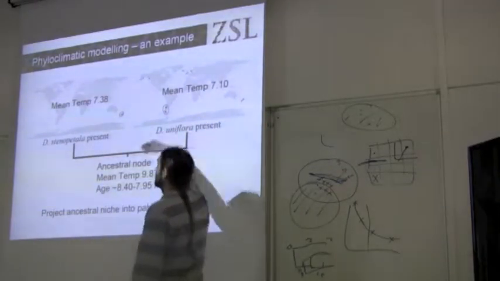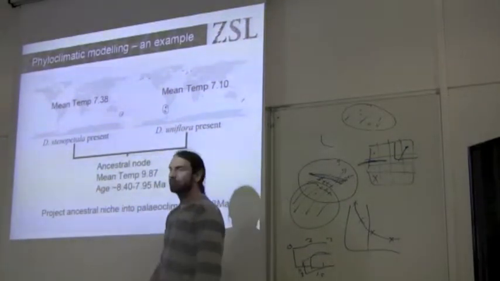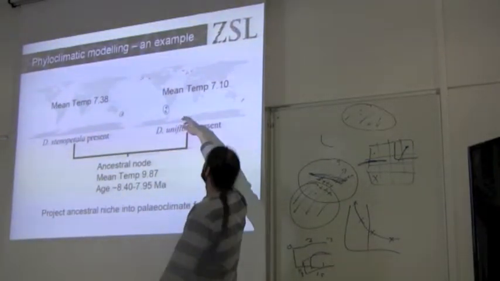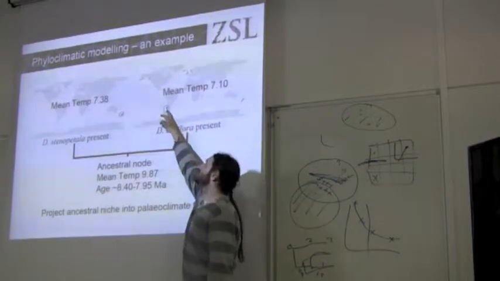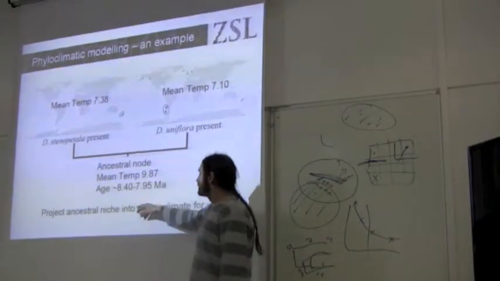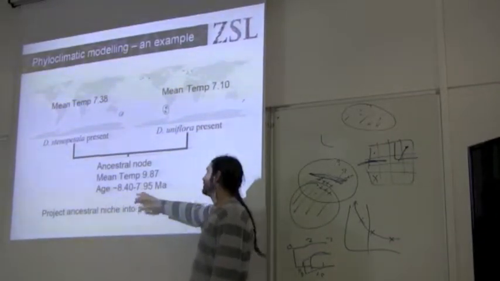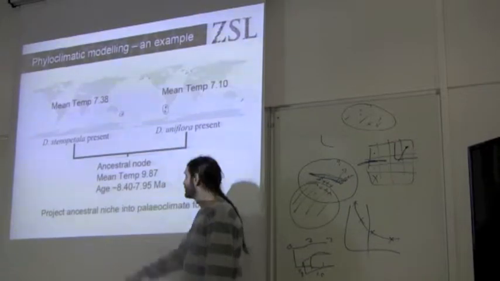So, we develop our model and say the temperature preference for this species is this. Obviously, we're going to use more than just temperature, and the temperature preference for this species is this. Okay? The age for the most recent common ancestor is somewhere between 8.5 and 8 million years.